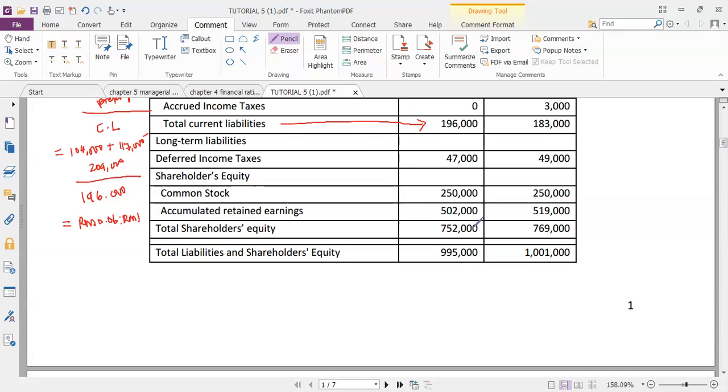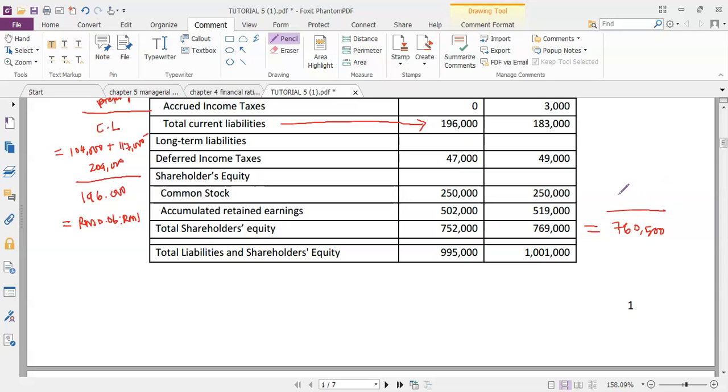We have 752 and 769. So how can we calculate the average shareholders equity? 752,000 add on with 769,000 and then divided by 2. So the average is 760,500.